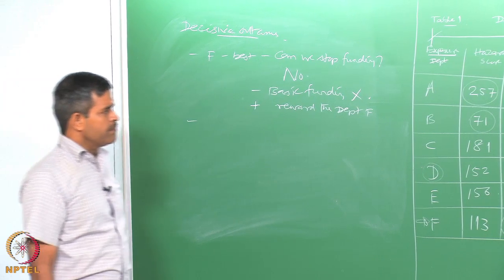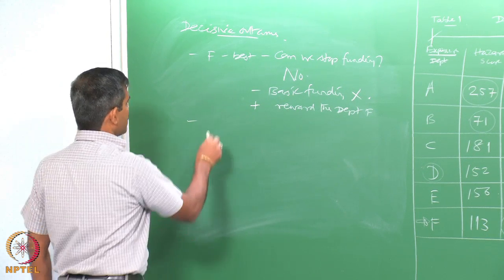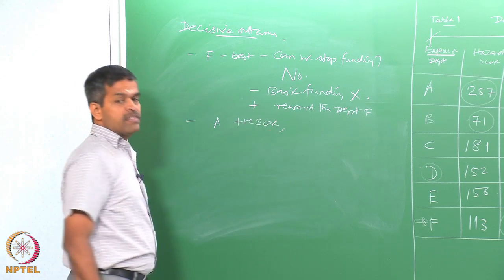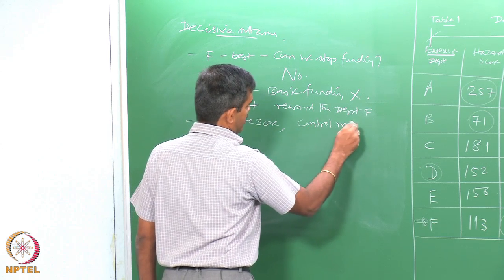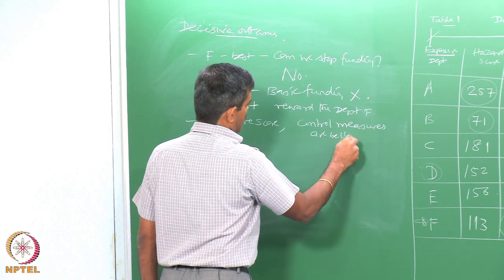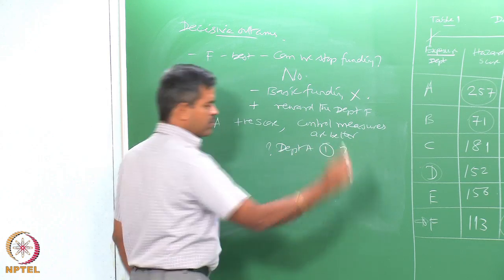The second observation, even though department A had a positive score which indicates the control measures are better, how come department A is ranking 1?